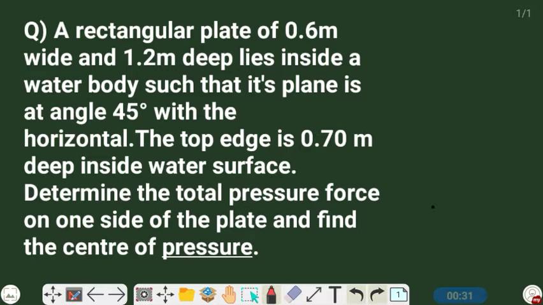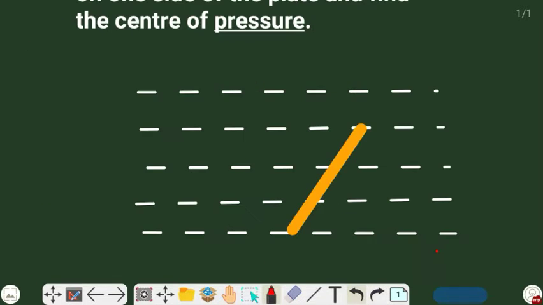Now let's understand what this hydrostatic force is, how it acts, and what the center of pressure is. Let's suppose this is water, and this is a plate inside the water. This is air, and this is the water-air interface.